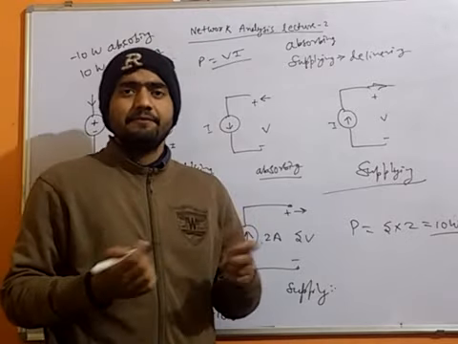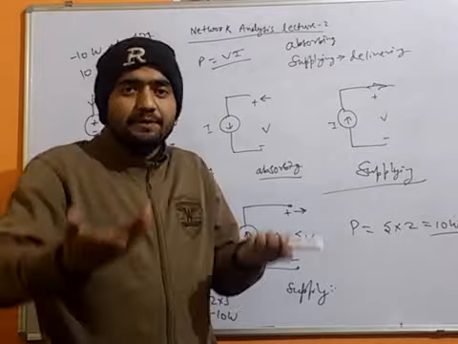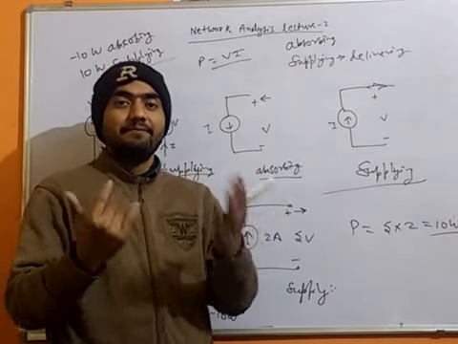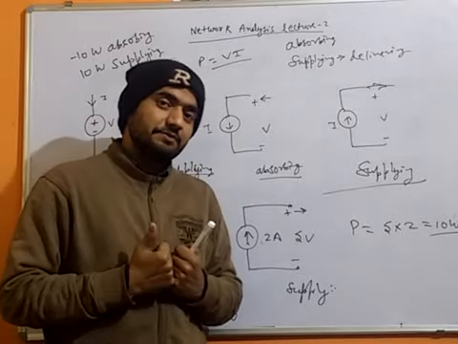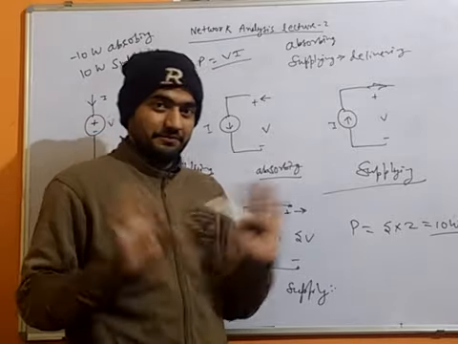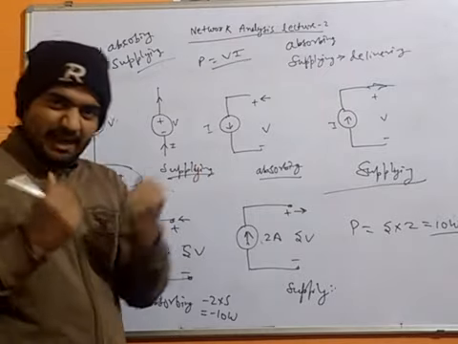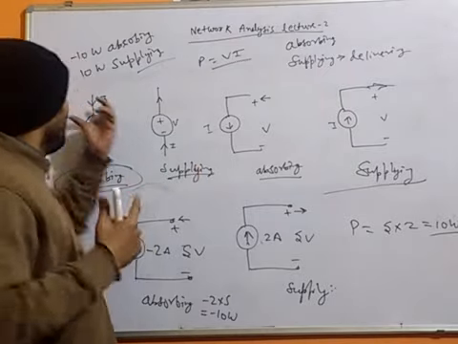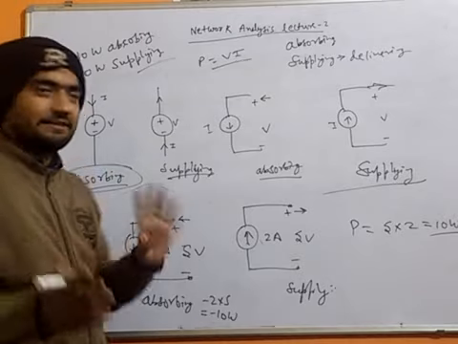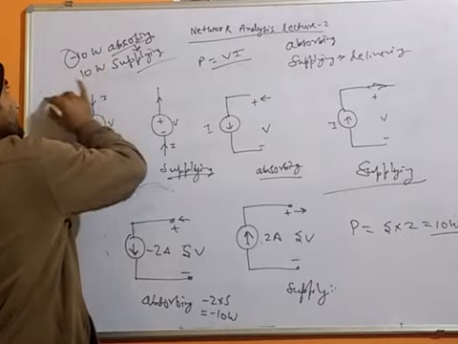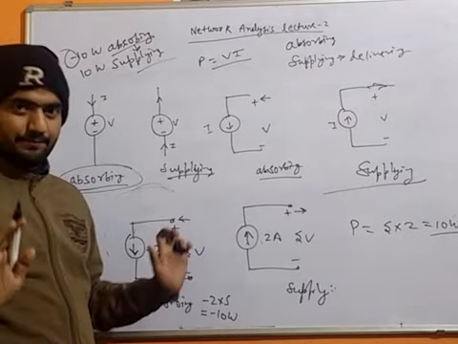If I give you minus 10 rupees, it means I am taking 10 rupees from you. If I am taking minus 10 rupees from you, it means I am giving 10 rupees to you. Similar case: minus 10 watt absorbing means 10 watt supplying instead. So absorbing changes to supplying if there is a minus. That is a simple funda.